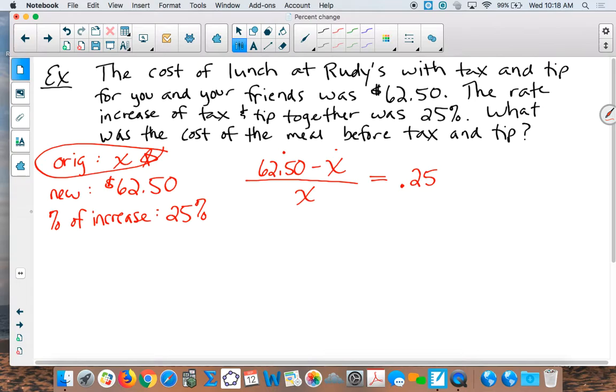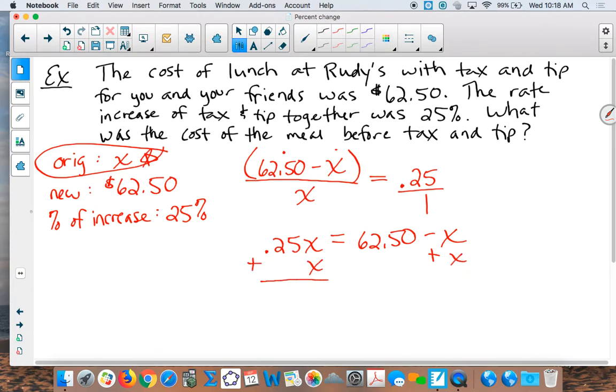Now, all we have to do is solve our proportion. We can cross multiply. So x times 0.25 is 0.25x equals 6250 minus x times 1 is 6250 minus x. We can add x to both sides.